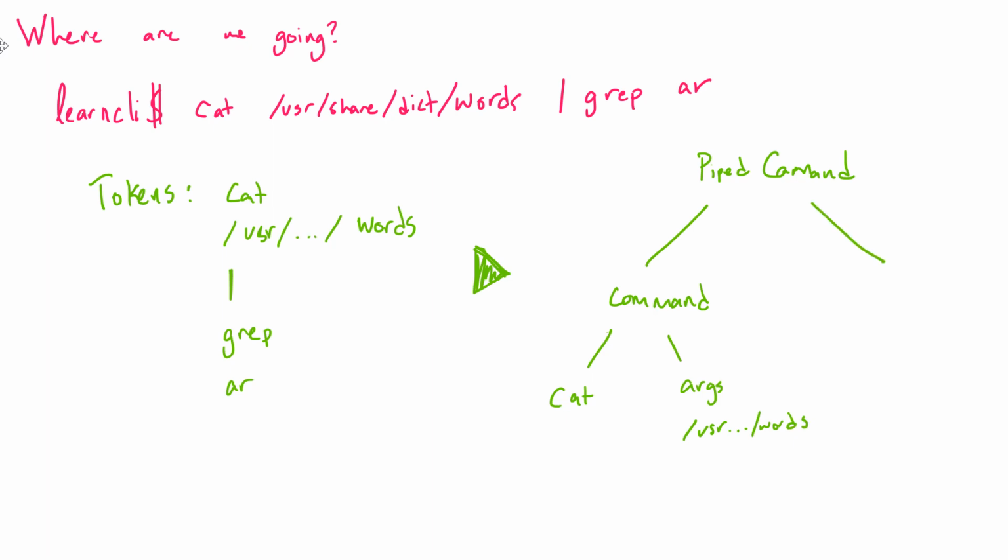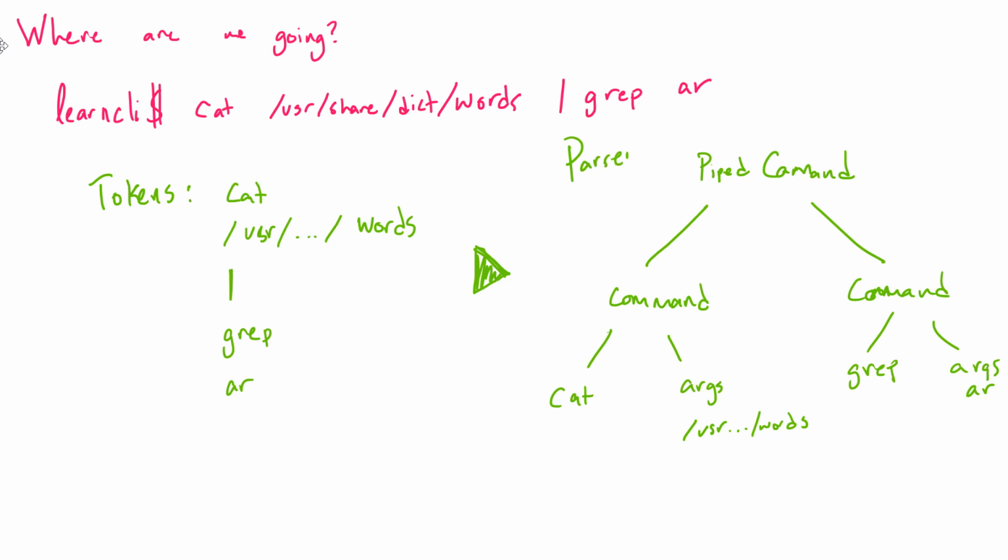And then the other side of this pipe might be another command, and it would be grep as the program, and then it would also have args, and its arg would be AR, right?